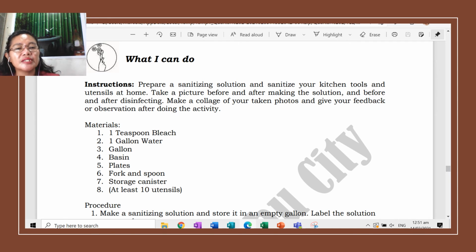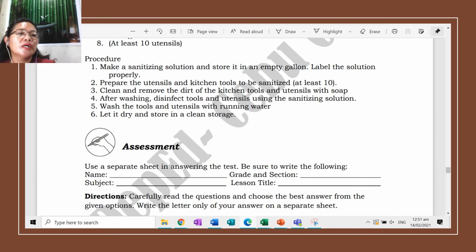Procedure, make the sanitizing solution and store it in an empty gallon, then label the solution. So, ipakita ninyo ako anay ha. That was number 1, paghimo ninyo. Then, number 2, prepare the utensils and kitchen tools to be sanitized, at least 10 kabuok. So, nag-mention naman ko nimo, our lesson 1, that's all about utensils, tools, and equipment. Okay, only 10. I required only 10.